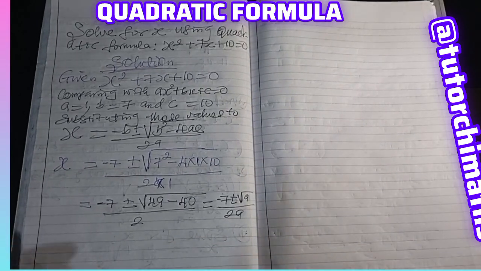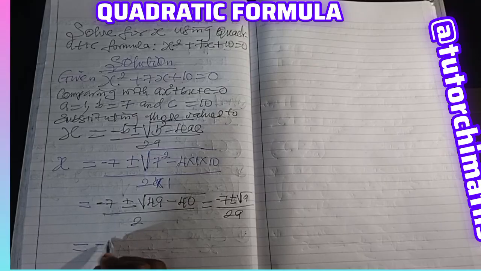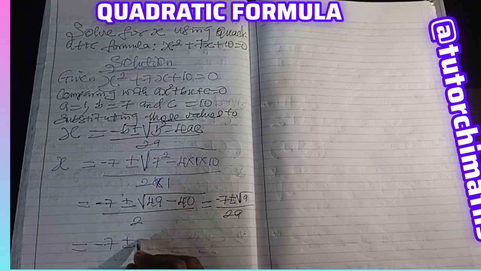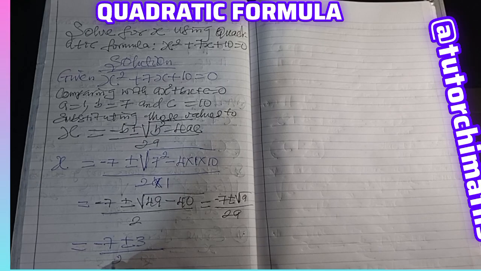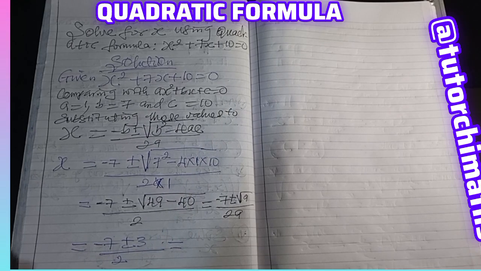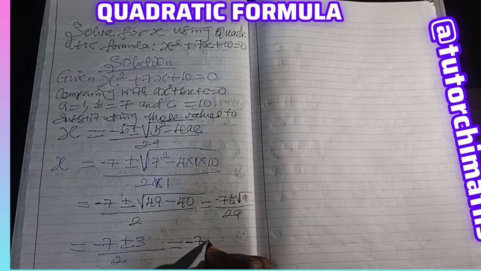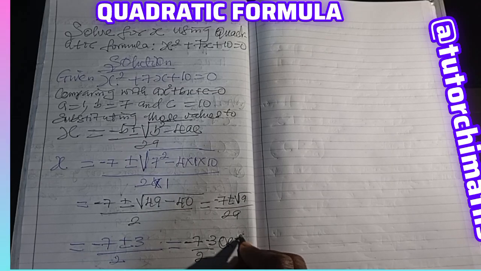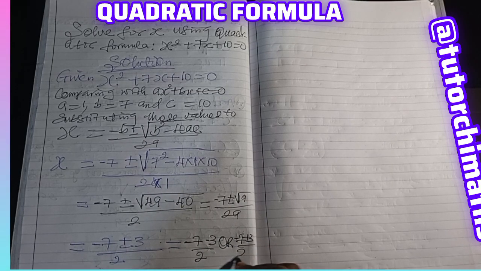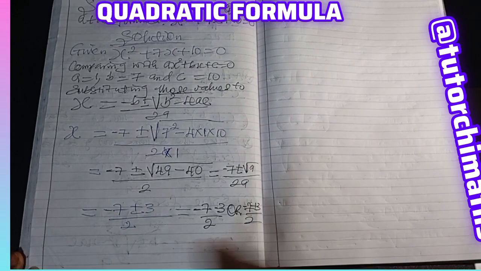Okay. This is equal to −7 plus or minus the square root of 9, which is 3, divided by 2. This will still give us (−7 − 3)/2 or (−7 + 3)/2. Good.